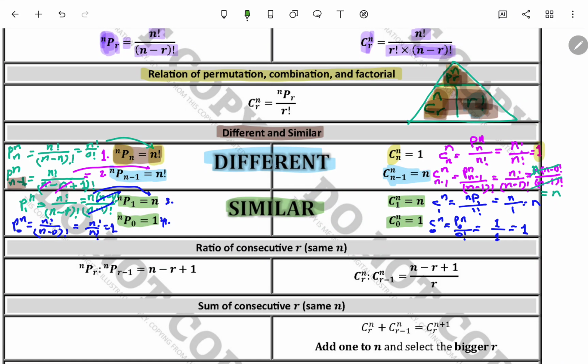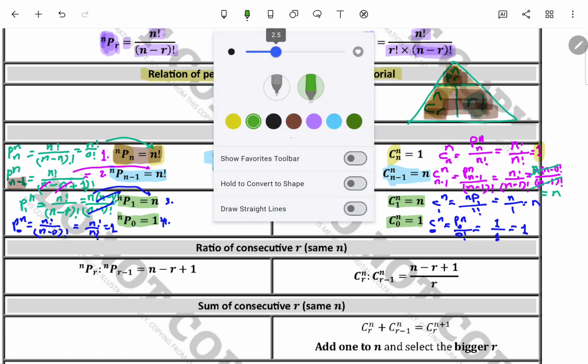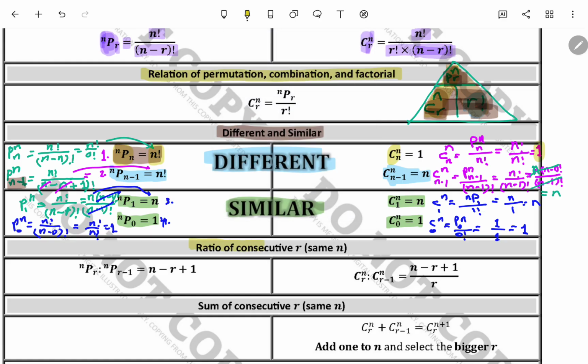And here, let's go to the next, which is the ratio of consecutive r. What do we mean by consecutive? We mean that they come after each other, bigger or smaller. And we're going to focus on n being the same.